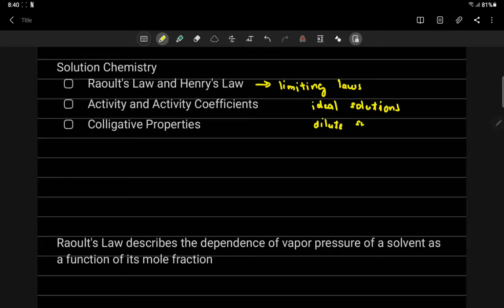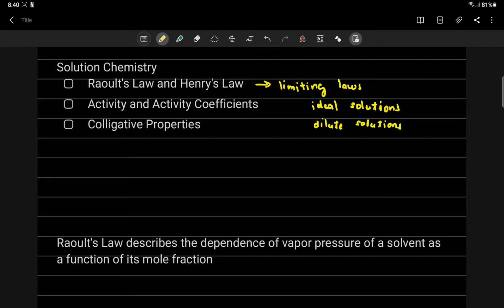Kasi pag sinabi natin ideal, well, there are no molecular interactions within the solution. Negligible yung molecular interactions. And that is true for dilute solutions, right? Lalong-lalo na kapag meron kang case of infinite dilution wherein you only have one particle or one molecule in the solution. So, wala talagang interaction doon. So, that can serve as an ideal solution.